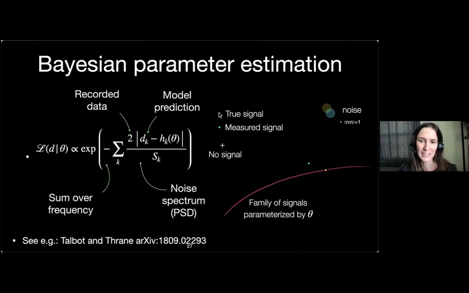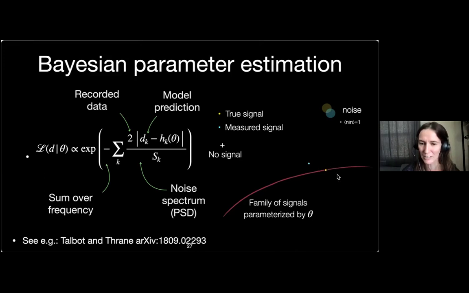The general idea is that the primary method currently used in gravitational wave astronomy is a Bayesian technique involving calculating the likelihood of the data given a model prediction. As a heuristic explanation, we have some signal in the space of waveforms.